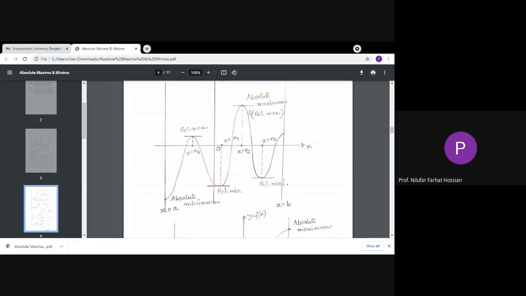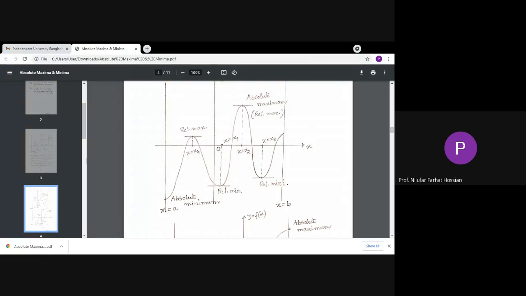You cannot join these two graphs. That means there is a discontinuity of the function at the point x equals x2. So in that case, there cannot be any absolute maximum. There will be only an absolute minimum.